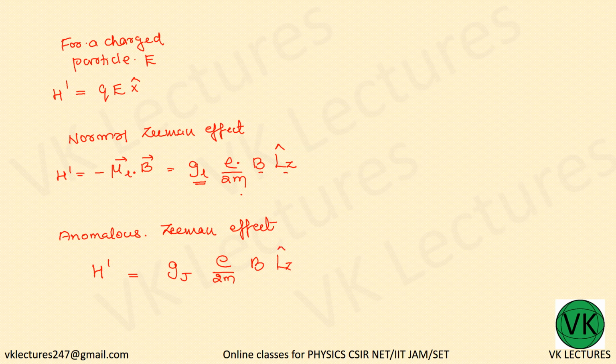Now Gj is the constant corresponding to total angular momentum, where J equals L plus S, which is orbital angular momentum plus spin angular momentum, and B is the magnetic field.